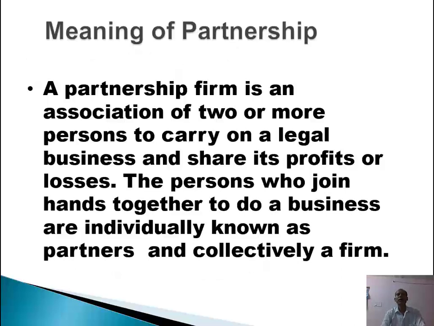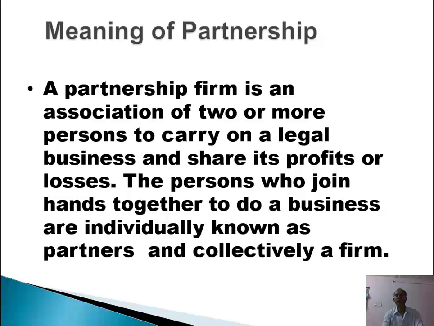Now let us go. Meaning of the partnership. A partnership form is an association of 2 or more persons to carry on a legal business.